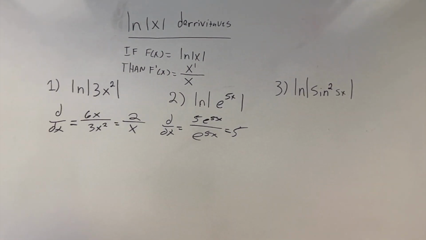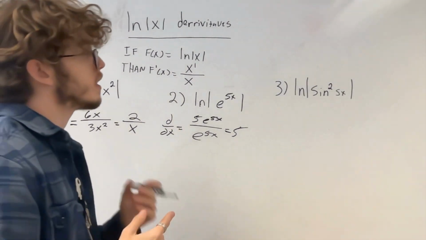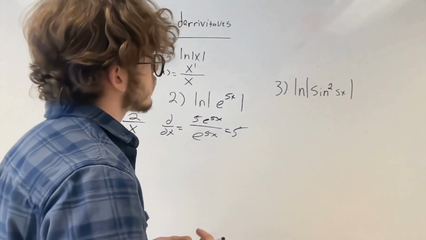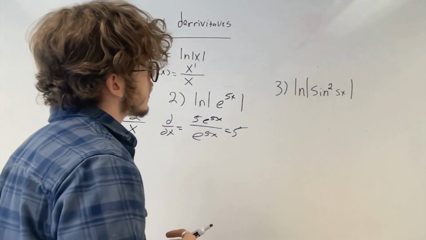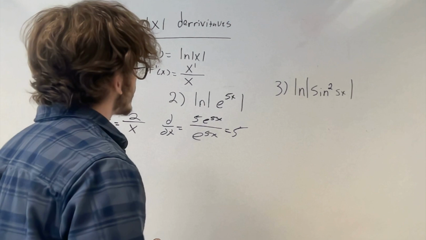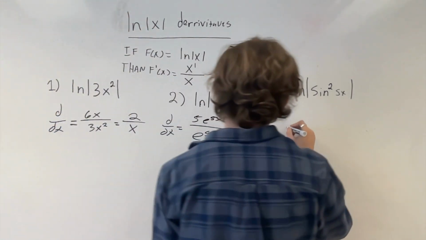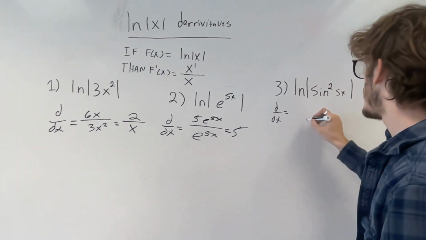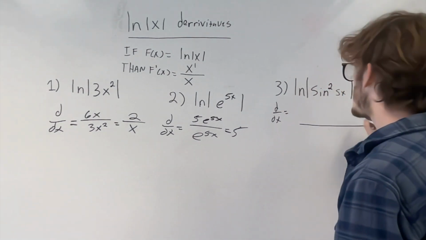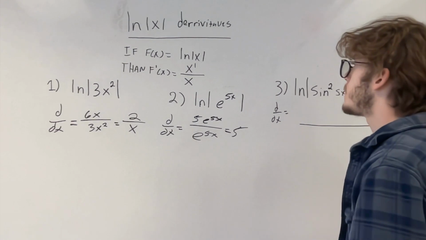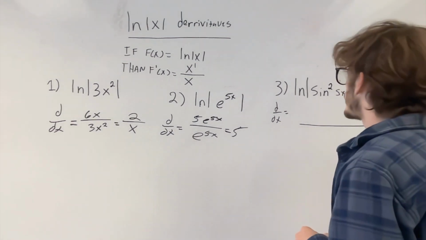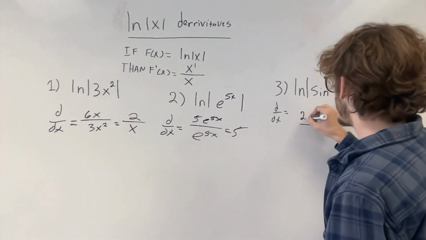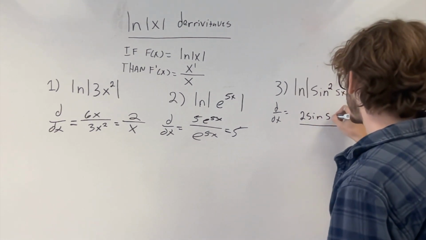Okay, now we have a little bit of a harder, more intensive one here. We have the natural log of sine squared of 5x. So how do we go about this? Well, we're going to say d dx is equal to, and on the top, we'll do the derivative first. So this would be 2 sine of 5x, right?